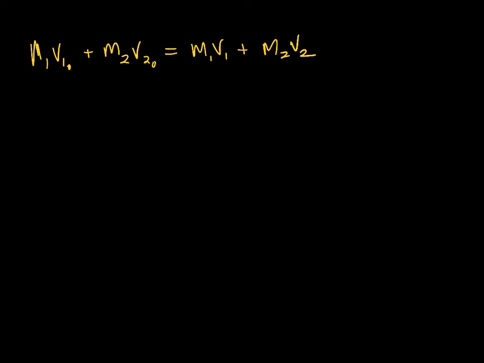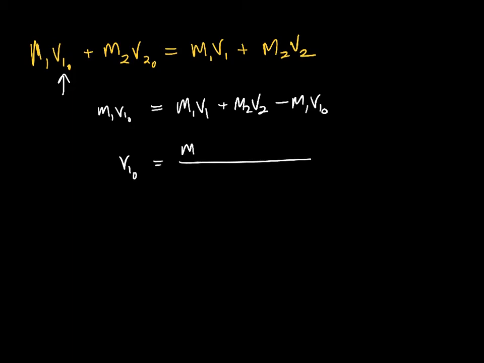So if I solve one of these for V1 initial, I'll have M1 V1 initial will equal M1 V1 plus M2 V2 minus M1 V1 initial, which means the initial speed of object 1 would be equal to mass 1, speed 1, and I'm going to move this other part that's compatible with it right next to it. So all of that over mass 1.